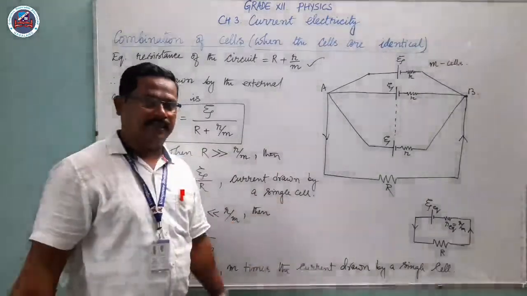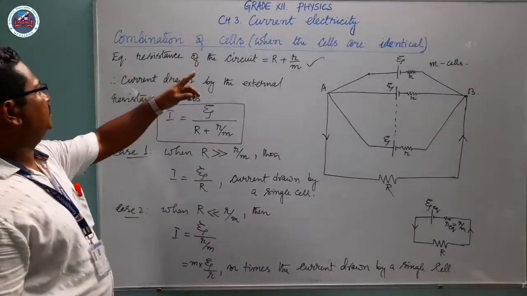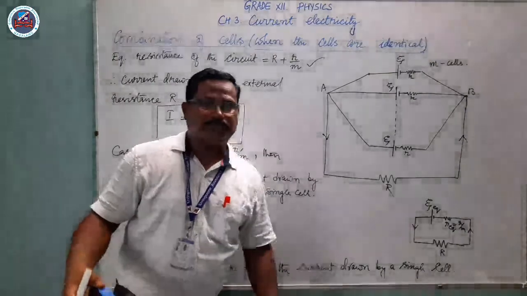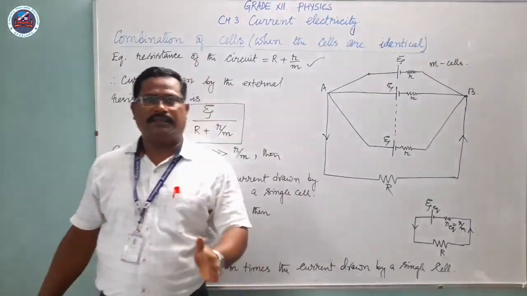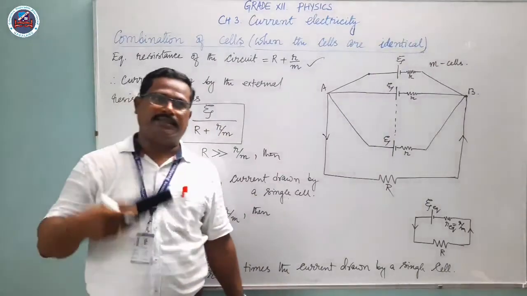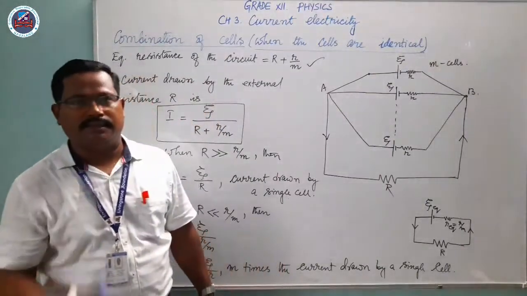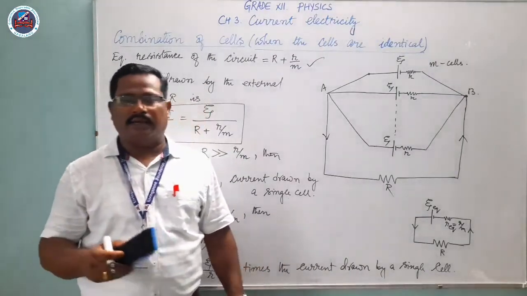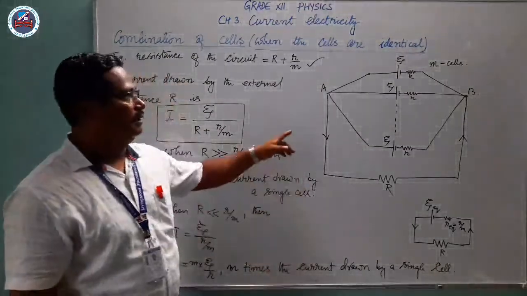So after learning these two combinations of cells, in series and in parallel, now if I ask you how will you connect the cells, in series or in parallel? If the external resistance is very high, then you should know that I must connect in series. And if the external resistance is small, then you should know that I have to connect in parallel.